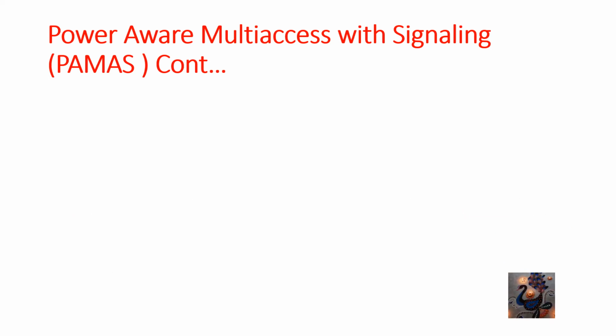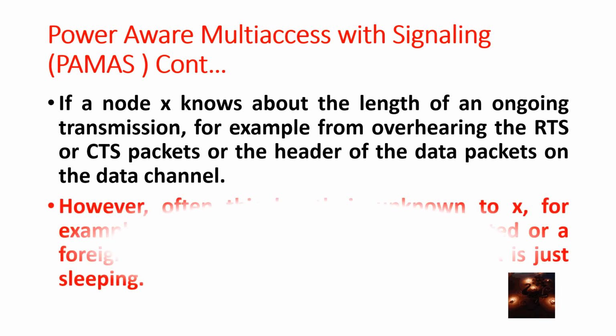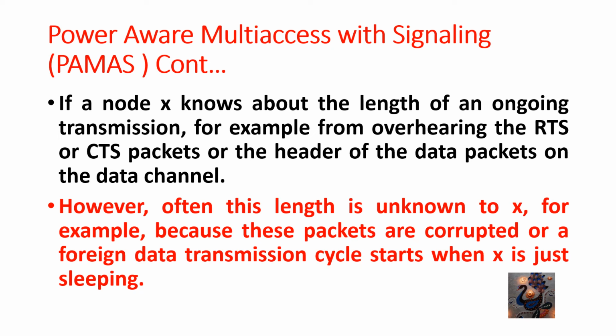Node X may know the length of an ongoing transmission, for example, from overhearing the RTS or CTS packets or the header of the data packets on the data channel. However, often this length is unknown to X, for example because these packets are corrupted or a foreign data transmission cycle starts when node X is just sleeping.